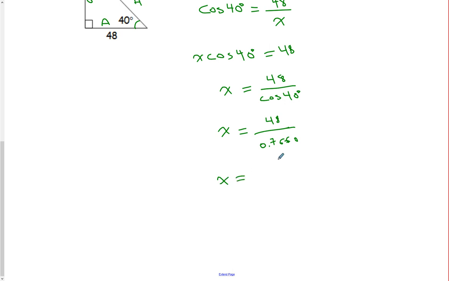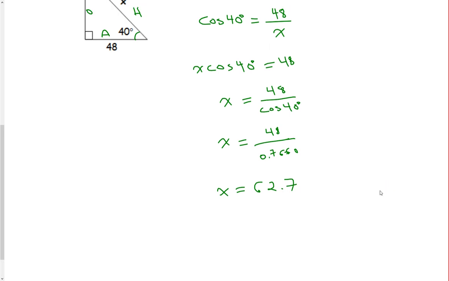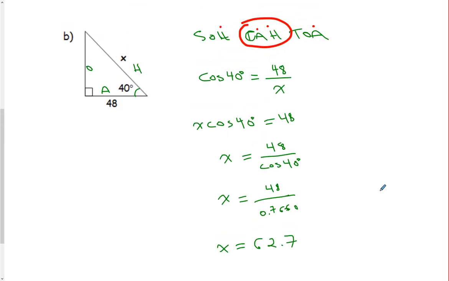So 48 divided by 0.7660. This looks like 62.7. So those are basically the two ways you'll have to find a side of a triangle.